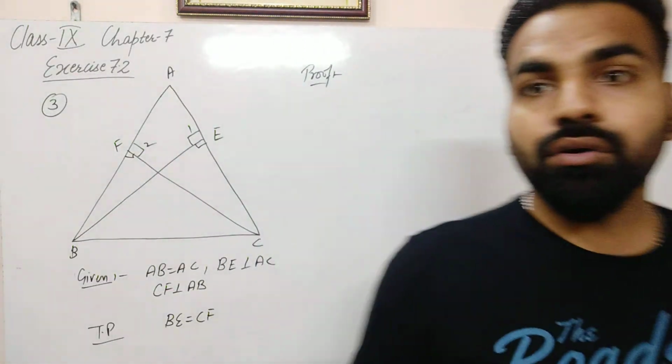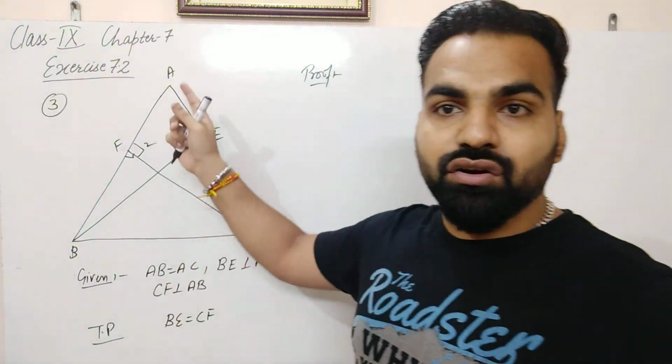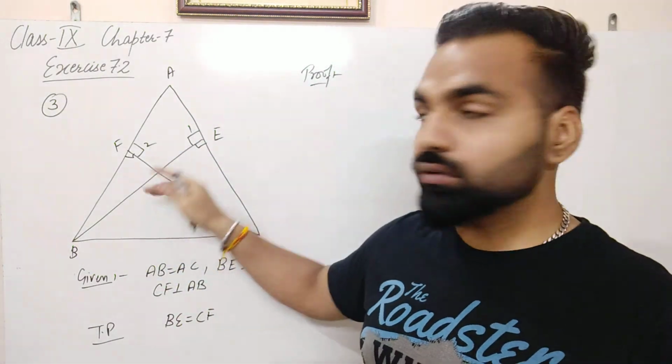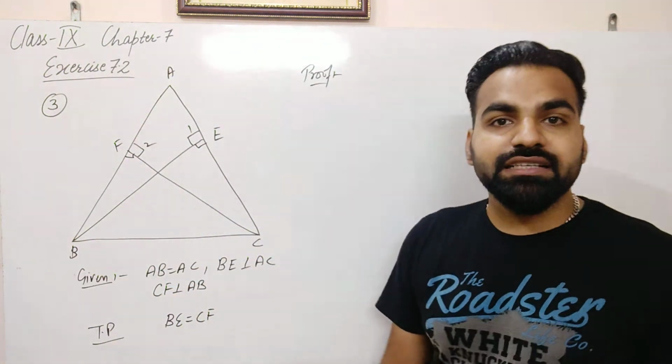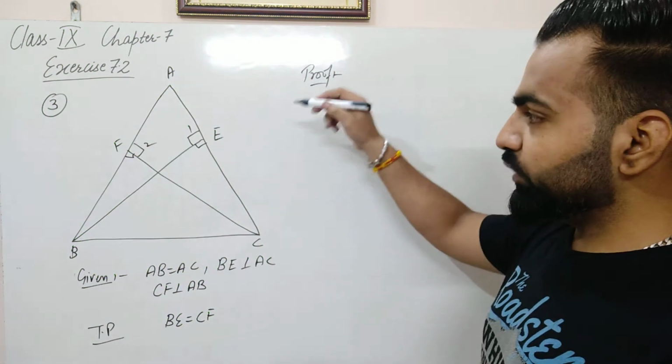Question number 3 now. AB is equal to AC because the triangle is isosceles. BE and CF are two perpendiculars on sides AC and AB. We have to prove that these altitudes are equal. So what we will do, we will do it by congruency.